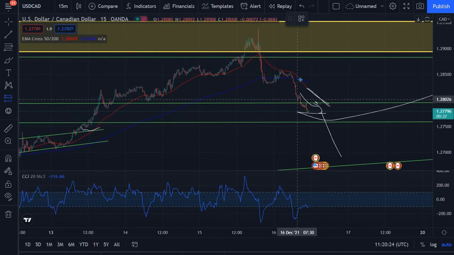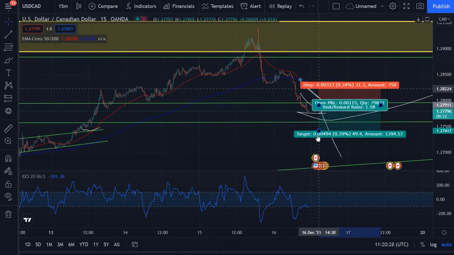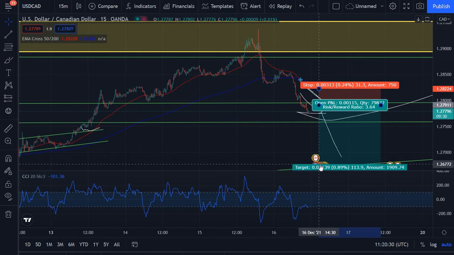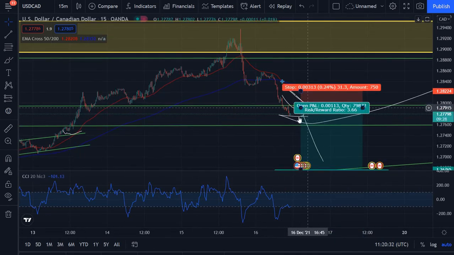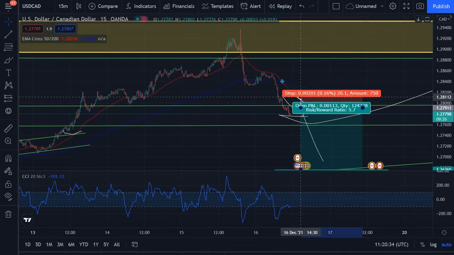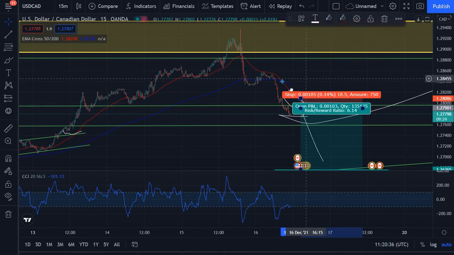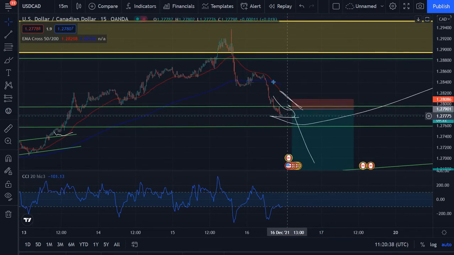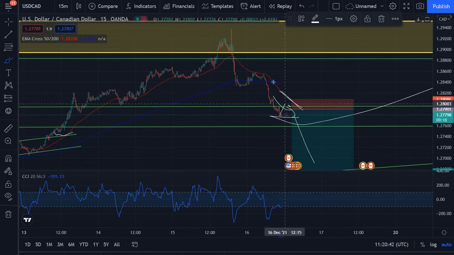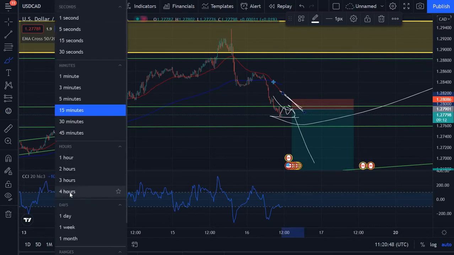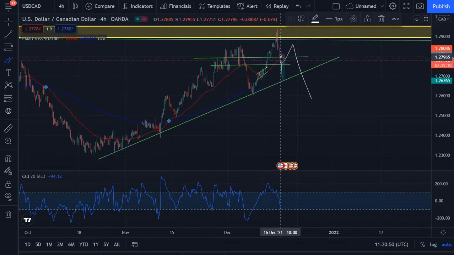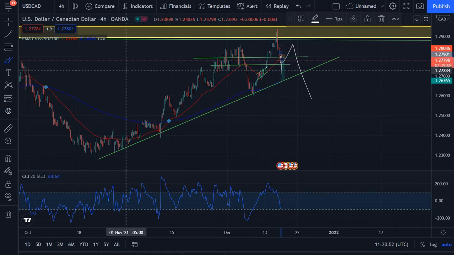If we see here some kind of triangle or wedge flag and then a breakout, something like this, and target all the way down. Depends how good your entry and stop loss is, but I would still wait for the 50 EMA to come closer. So for now it looks like we will here spend some time until the 50 EMA gets closer. But I would look here for a short for USDCAD.